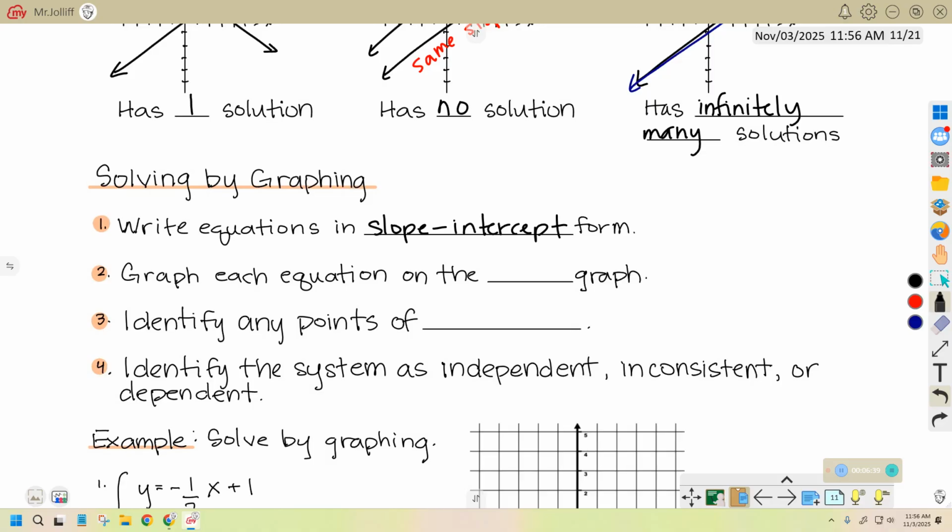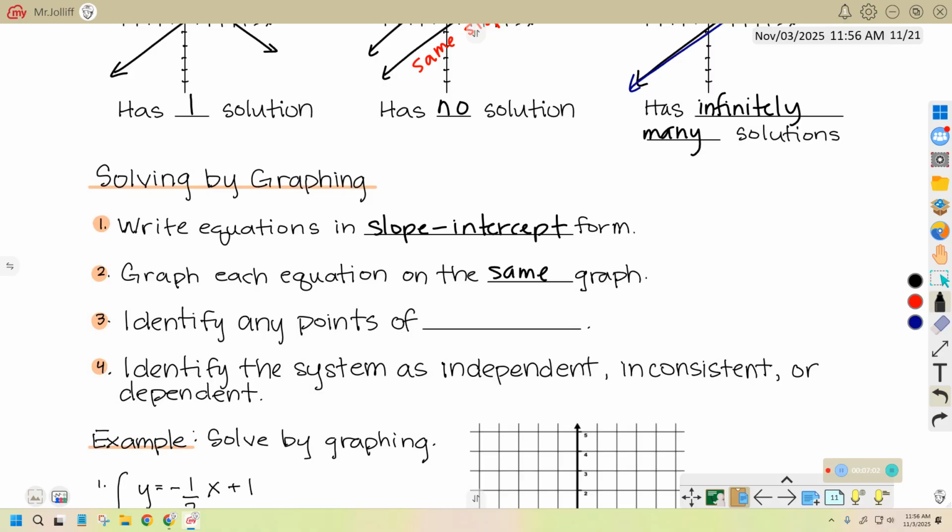So if you are asked to graph, put them in slope-intercept form. If you are given equations that are all in slope-intercept form, graphing might be a good place to start. So once we've done that, we're going to graph each line on the same graph.